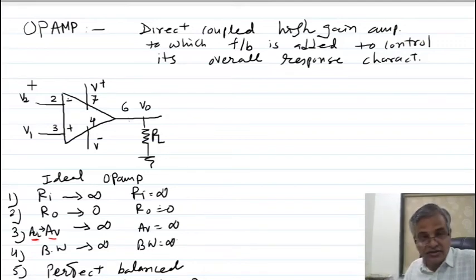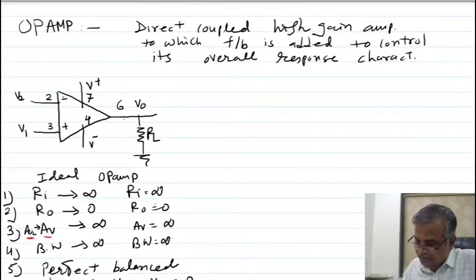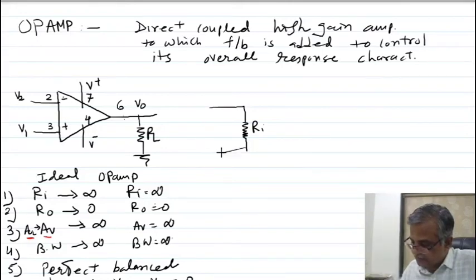Let us see its equivalent circuit. I will show you the equivalent circuit of the op-amp. See, this is the input resistance of the op-amp. This is pin number 2, this is pin number 3. Here you are giving the voltage V2 with respect to ground. Here you are giving the voltage V1 with respect to ground.